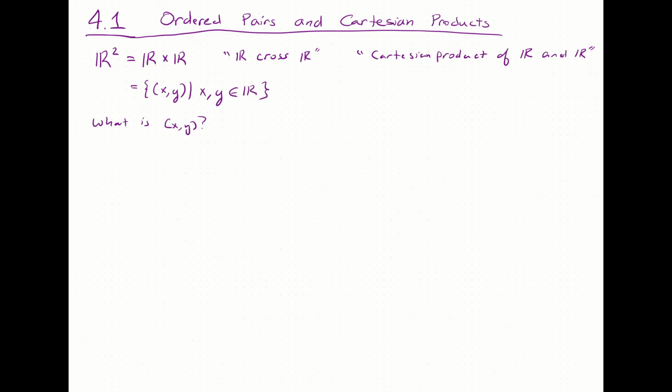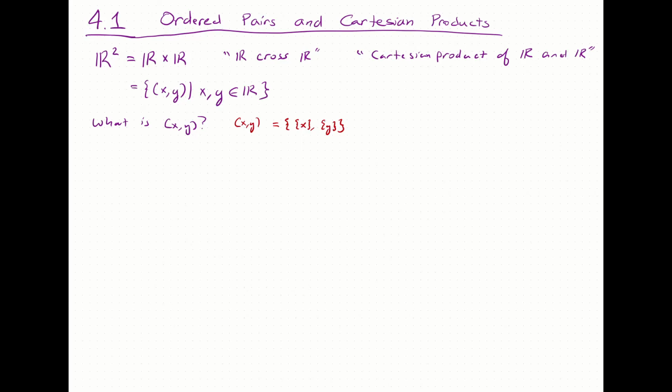And so one candidate would be, we could take the tuple x comma y to be equal to the set containing x and y. And this is, by the way, not correct. This is just to motivate where the definition is going. So this is one possible candidate.